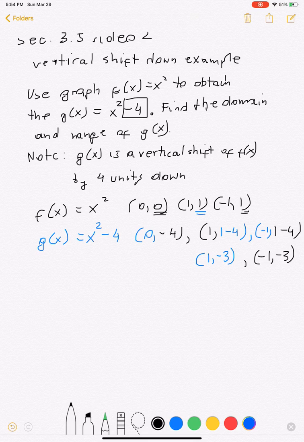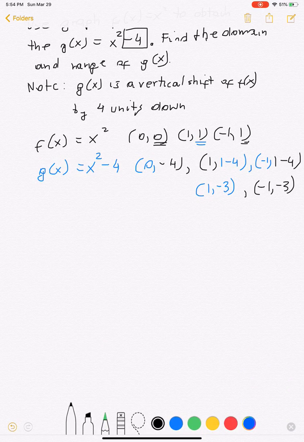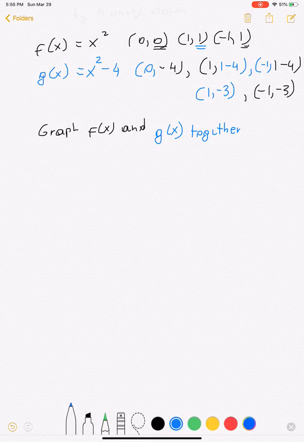So let's graph it. Graph f of x and g of x together. Okay, so let's graph them.